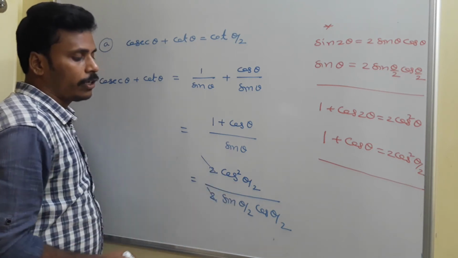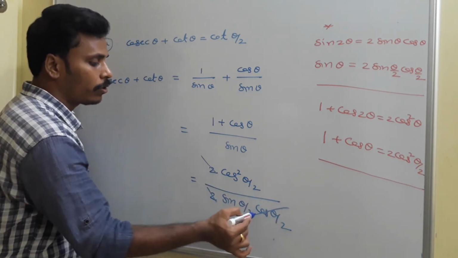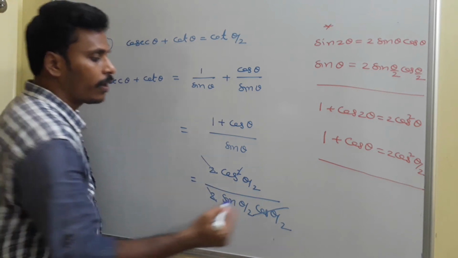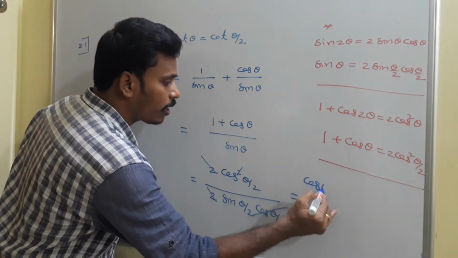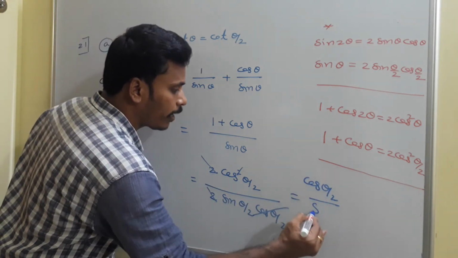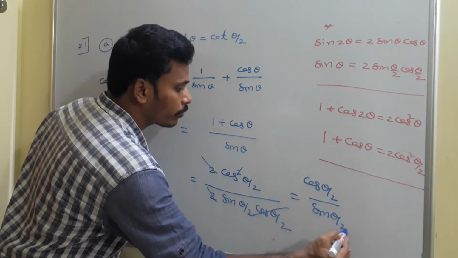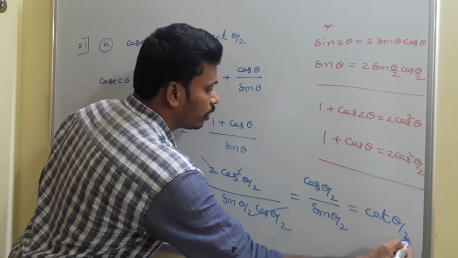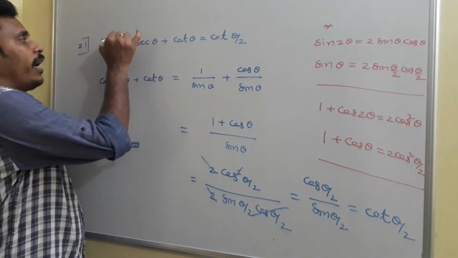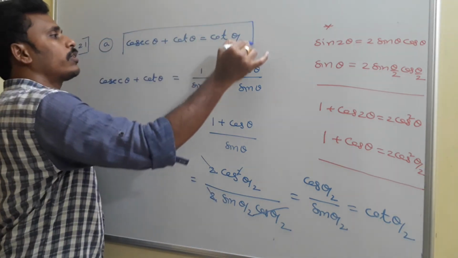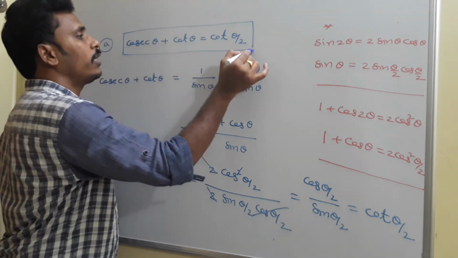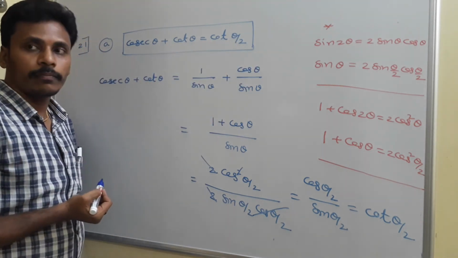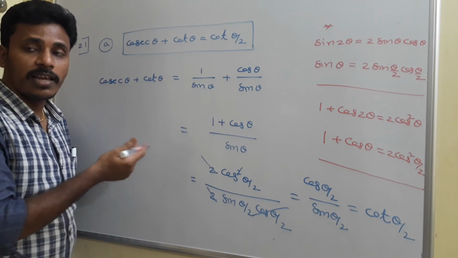Cos square theta by 2, here 1 cos theta by 2. These two also get cancelled. Then you are left with cos theta by 2 divided by sin theta by 2. And that cos by sin is nothing but cot theta by 2. So at the end, cosec theta plus cot theta is cot theta by 2. Is it clear? Is it clear, right? Just have a look now.